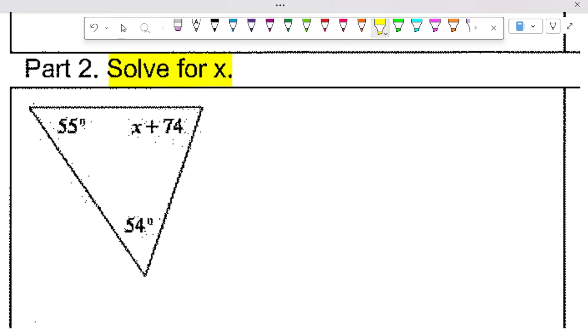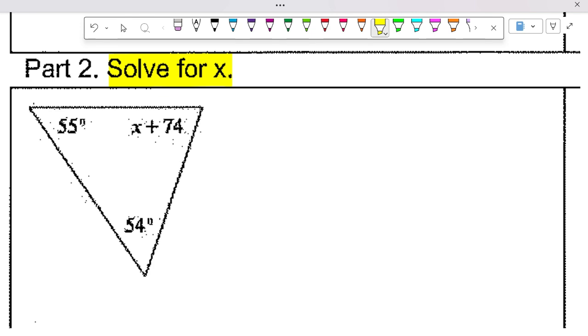So what theorem do you think I'm going to be using for this one? If I want to solve for x, what do you think I'm going to do? So we got 3 angles on a triangle. Are those angles inside or outside of the triangle? Inside. So we got 3 angles inside a triangle.